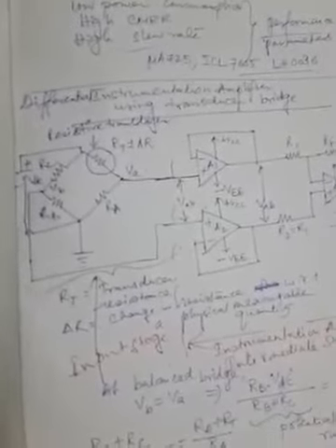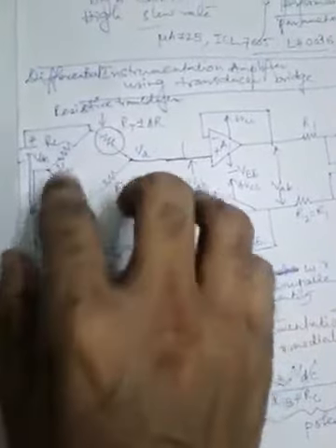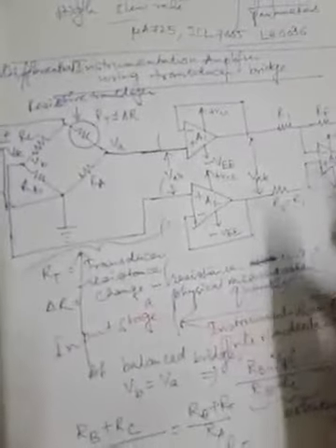Any sort of transducer can be used at this arm, and accordingly the transduced quantity can be measured, amplified and processed by this instrumentation amplifier, and whatever measurement has been done can be displayed by this output unit.